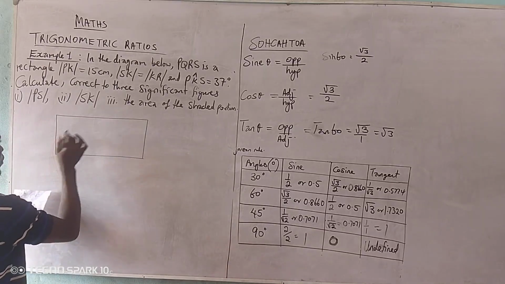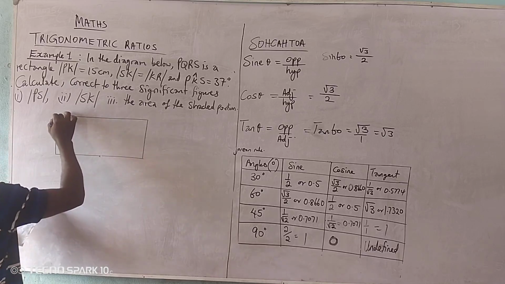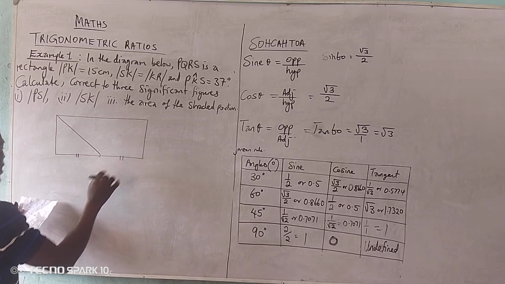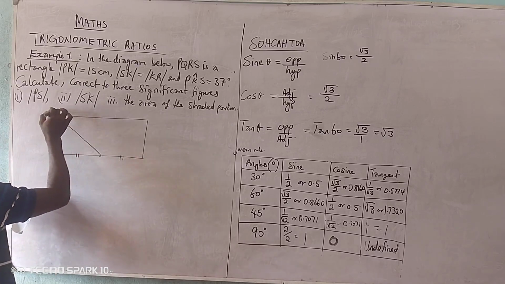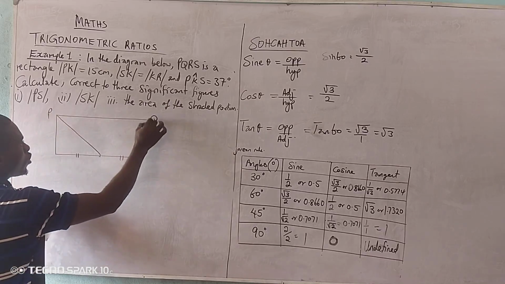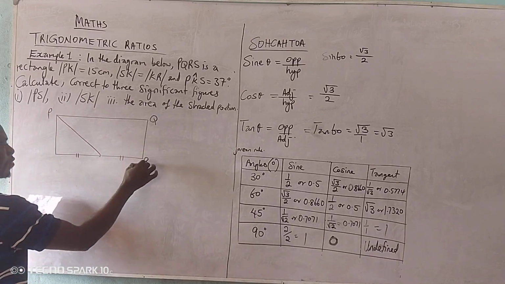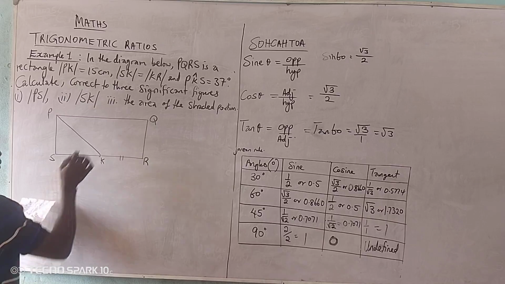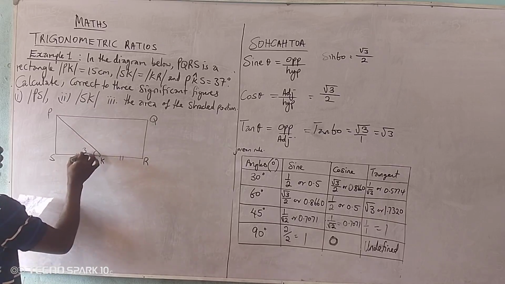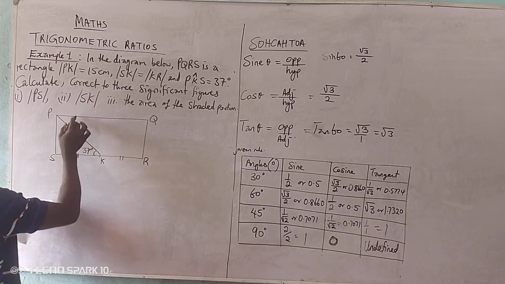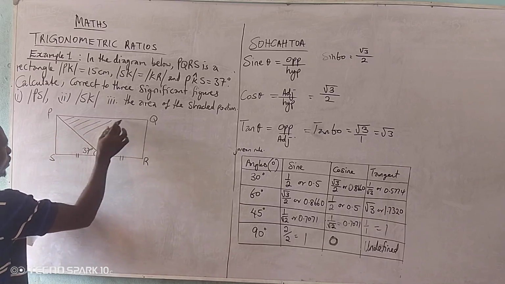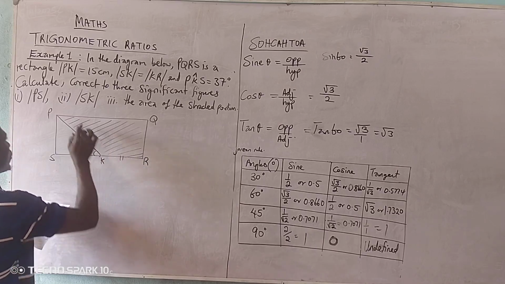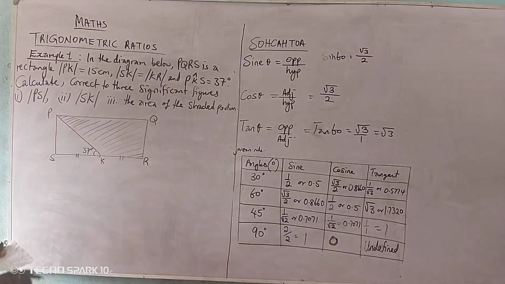So this is the rectangle. In the rectangle, according to the diagram, these two sides are equal. This is rectangle PQRS, and this is K. Here is 37 degrees. Then this is the shaded portion of the rectangle.